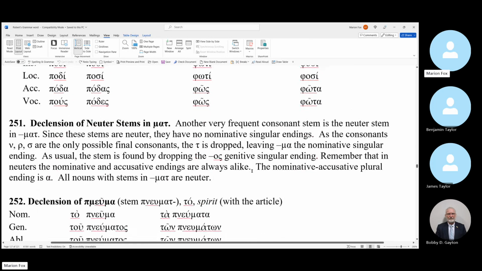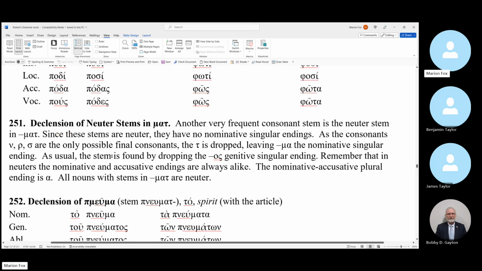Right? Now, declension of neuter stems in mott. Another very frequent consonant stem is a mott stem. Since these stems are neuter, they have no nominative singular endings. And as the consonants nu, rho, and sigma are the only possible final consonants, the tau is dropped, leaving the ma, the nominative singular ending.